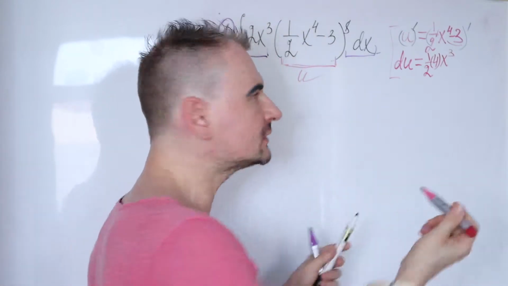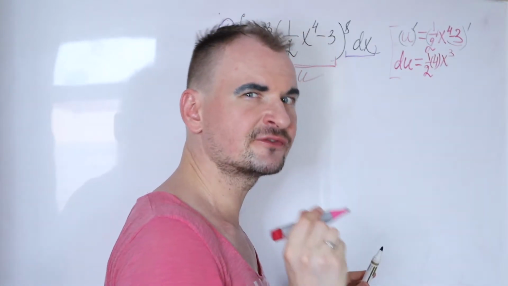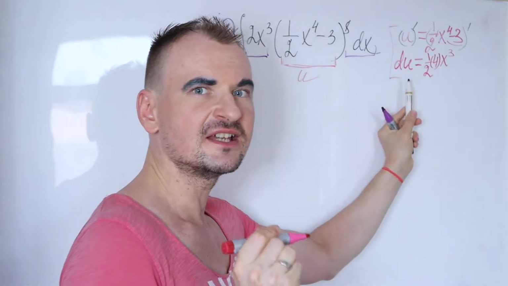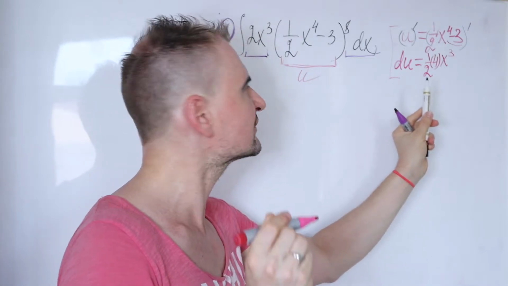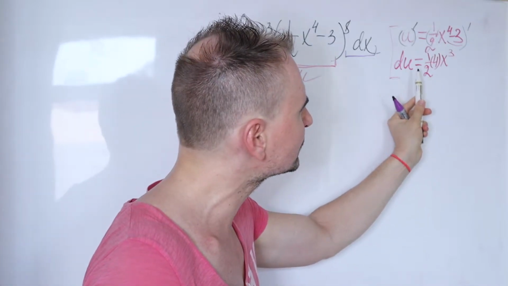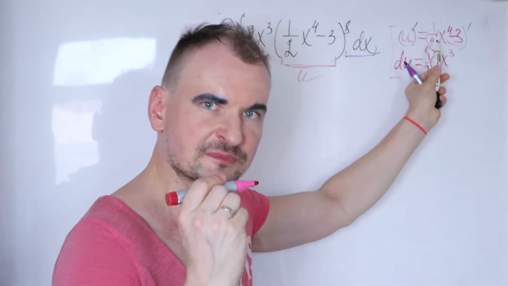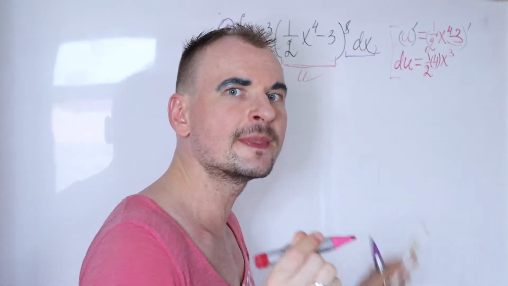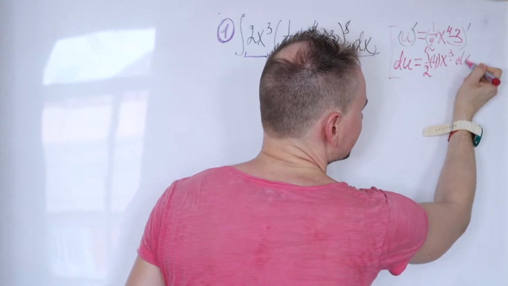It drops out, and at the very end you have to add dx, because this is differential du, the differential of u, so that means you take the derivative of this expression in terms of x, and you have to tack on dx at the very end, so times dx.